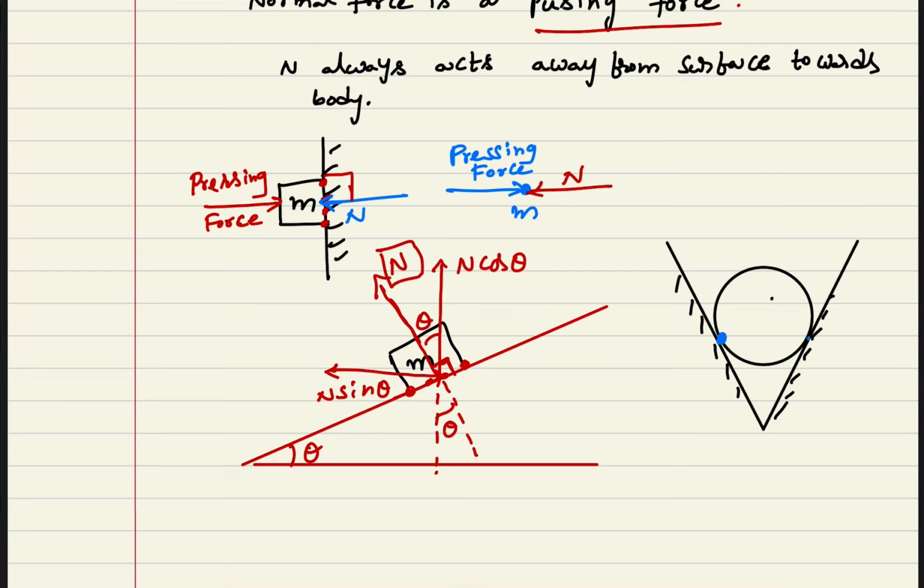Here one contact is there, here one contact is there. Whatever normal contact is there, it will always act towards the center of the spherical body. So we can write n1 at contact 1, and here contact 2. At contact 2, you can see the normal reaction is like this. This is the normal reaction at the contact point 2.